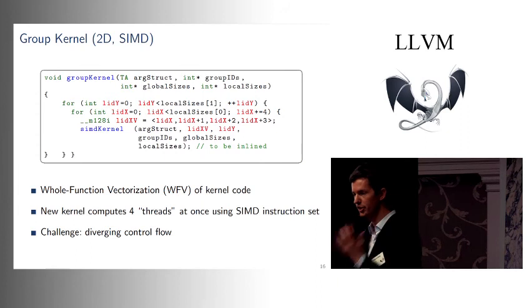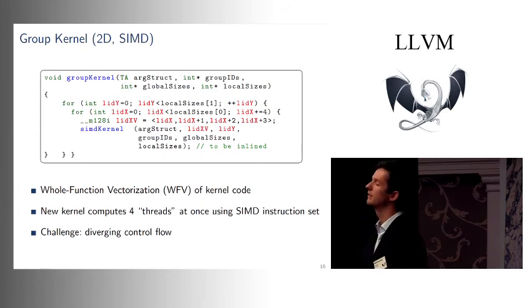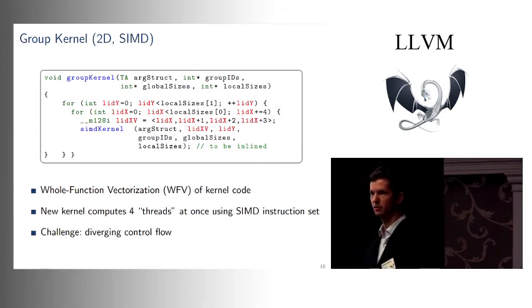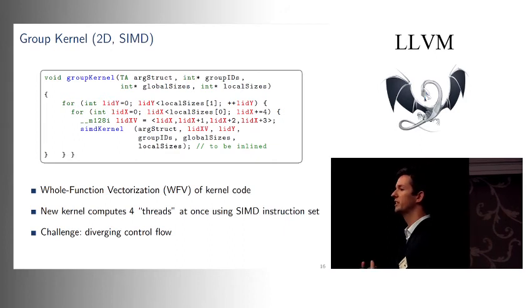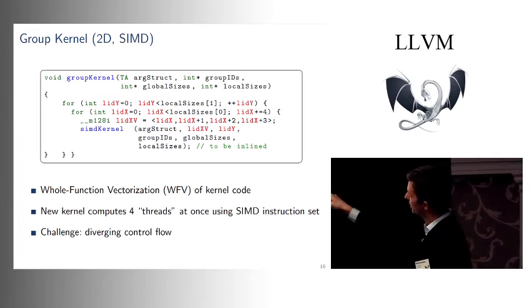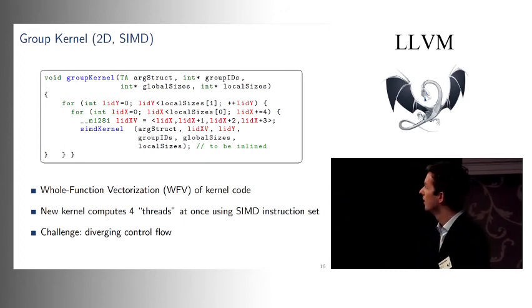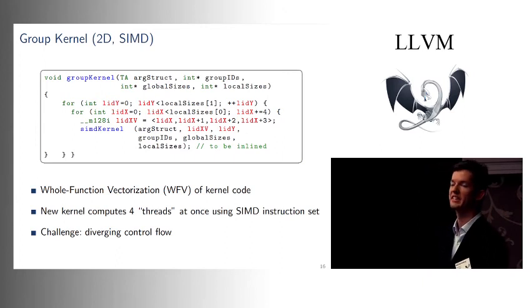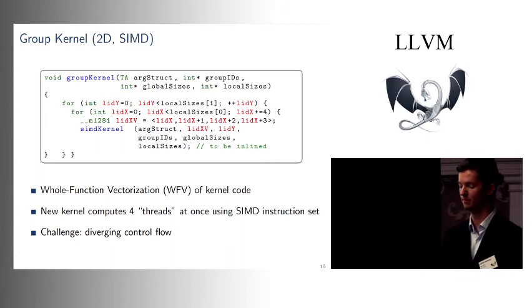We're taking the original scalar function and creating a new one, which is not semantically equivalent, which computes the same as 4 threads before it did. In that case, you can see that the new SIMD kernel gets 4 thread IDs instead of 1 in one dimension, and it computes everything for these 4 threads at once.